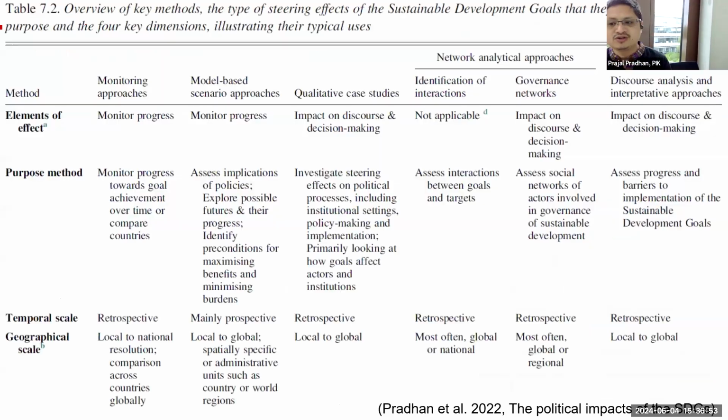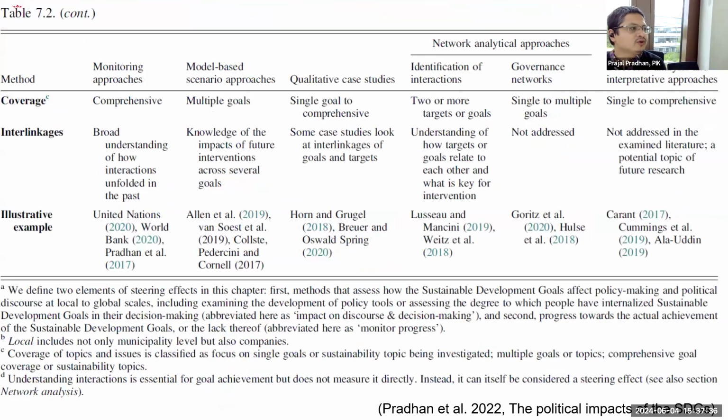And here I would like to just show that there are a wide range of methods available to look at SDG interactions, coming from, let's say, monitoring approaches, yeah, so looking at model-based approaches like scenario approaches, quantitative case studies, yeah, using network analysis and also discourse analysis and so on, yeah, and these methods have their own strengths and limitations, yeah? And we talk about a few of those quantitative and qualitative methods.